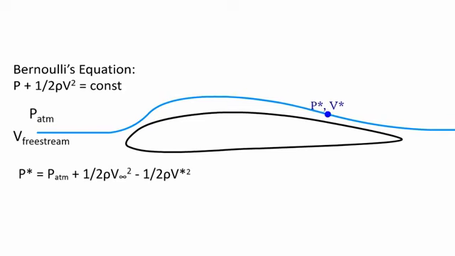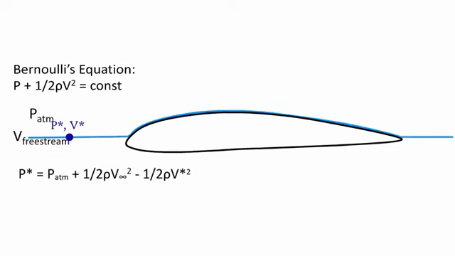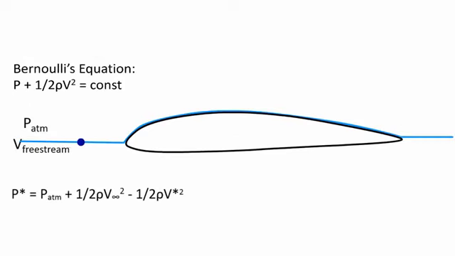Now, if we follow a streamline from the free stream where pressure and velocity are known, and here we know the pressure is just the surrounding pressure of the atmosphere, and the velocity is just the speed of the aircraft, then we could rearrange our Bernoulli equation to find the pressure at another location we'll just label as star, given that we know the velocity at that star location as well. And if we pick the right one, we can actually follow the streamline that winds up flowing right against the surface of the airfoil, just above the boundary layer.